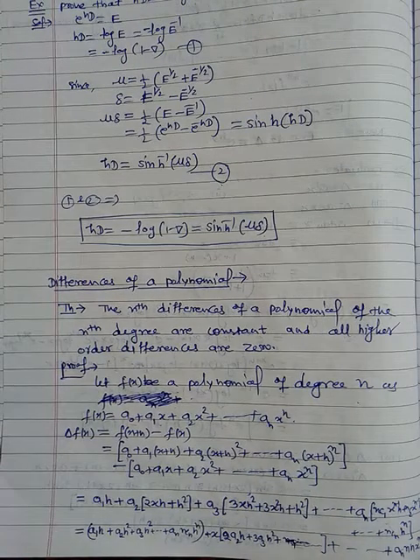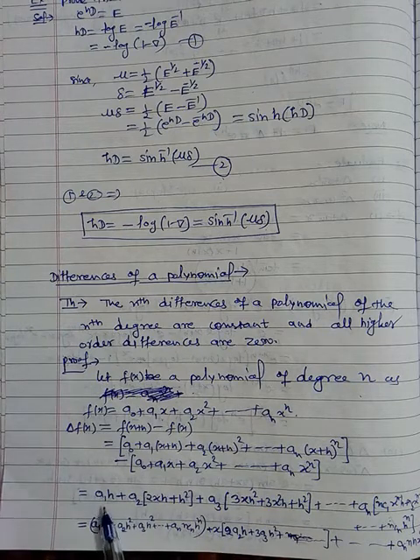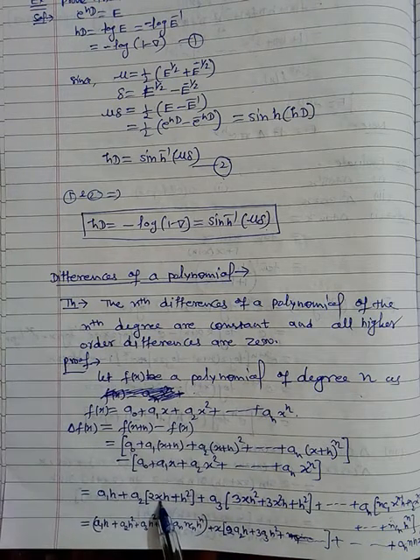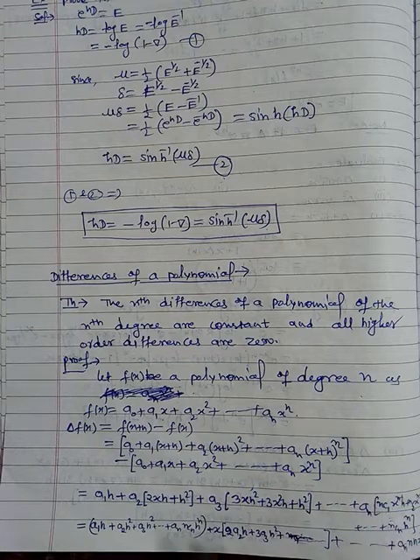So up to this is okay. Now after simplification, what do we get? We will get a constant term like this, then the coefficient of x, then the x² term, then the x³ term, and so on.